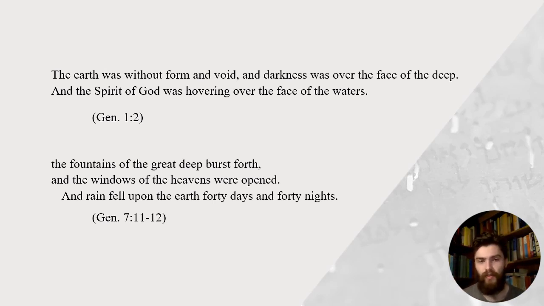And in Genesis 7, the understanding of the flood has this kind of context in mind. The fountains below and the waters above come back together to decreate the world and return it to this initial state that we see in Genesis 1, verse 2.